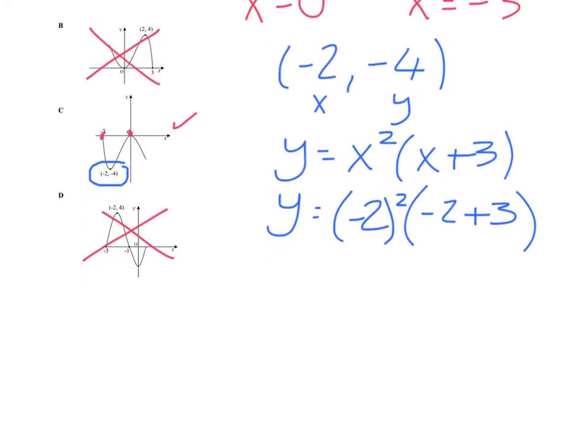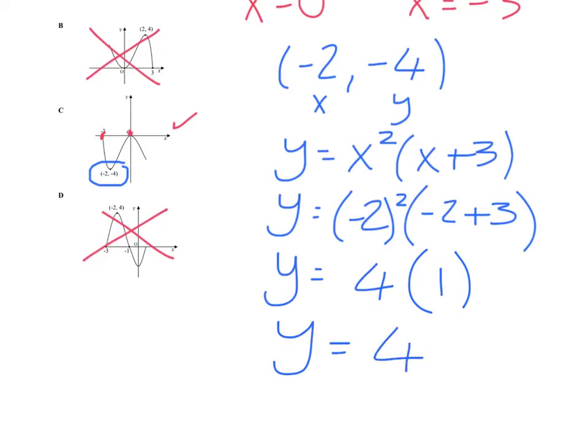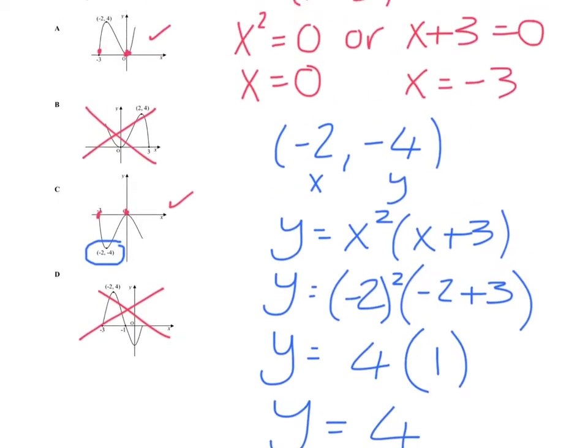So if we do that, we get y equals negative 2 squared is 4, multiplied by minus 2 plus 3, which is 1, and 4 times 1 is 4. That means we were expecting the y value to be 4 when x equals negative 2.